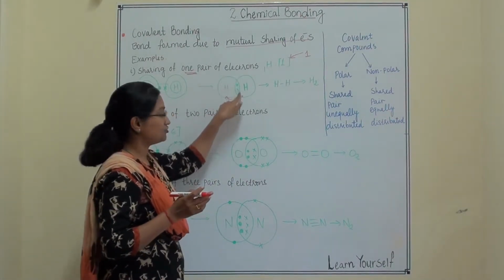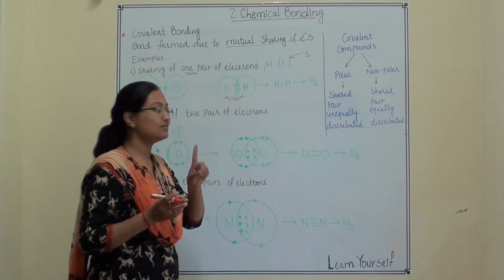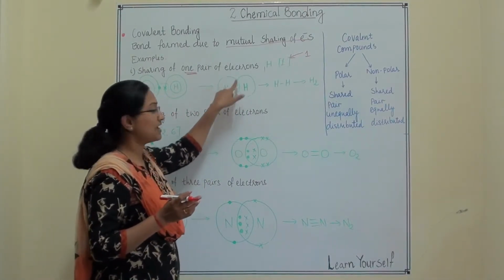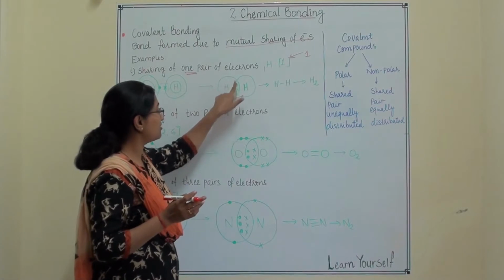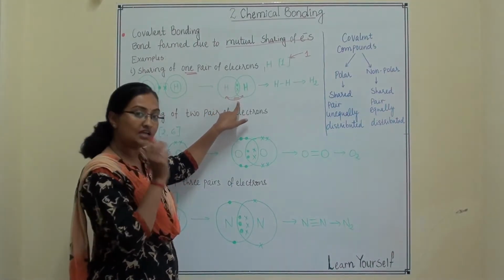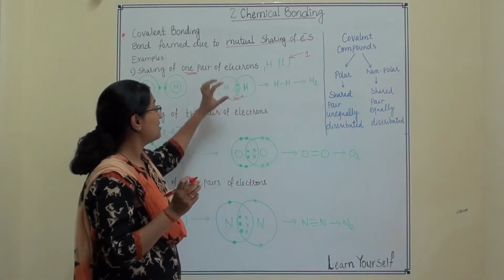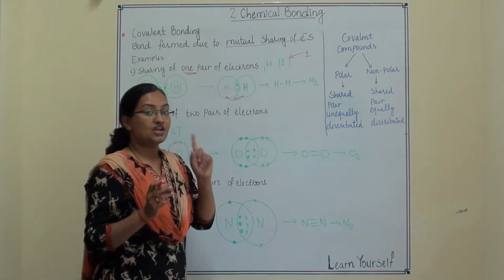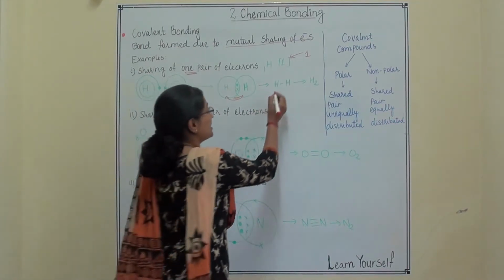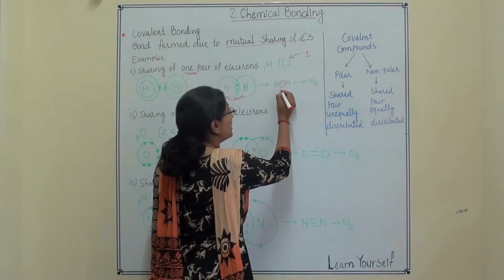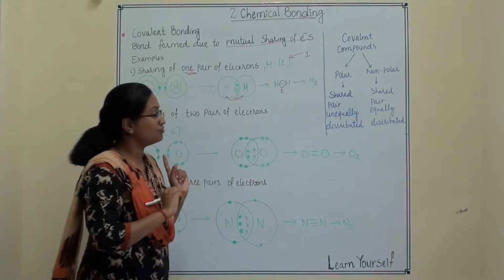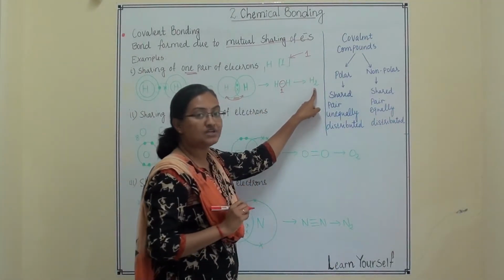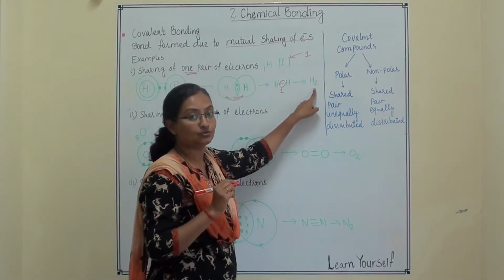These two electrons we term a pair of electrons. So this pair of electrons will be in between the two hydrogen atoms. While they share one pair of electrons, it makes only one bond between the hydrogens, and ultimately it will be our H2 molecule.